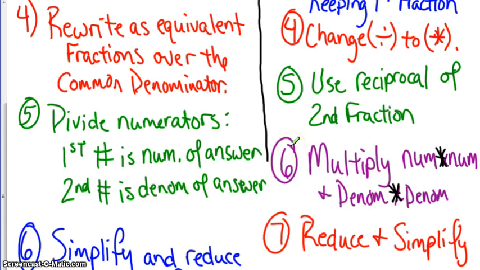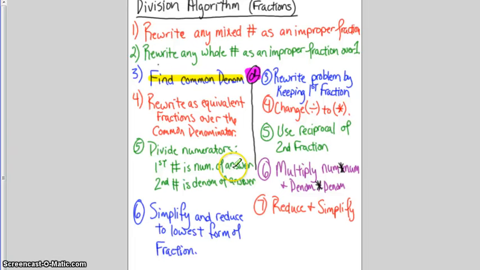I'll shrink this down so it all fits on one screen, and that way you can just pause the video and then copy the steps step by step. So let's take a moment and get these down. I've shrunk them up. Let's go ahead and get those down into our spiral at this time. Go ahead and pause and get them in.